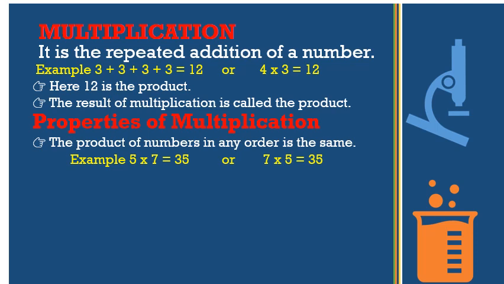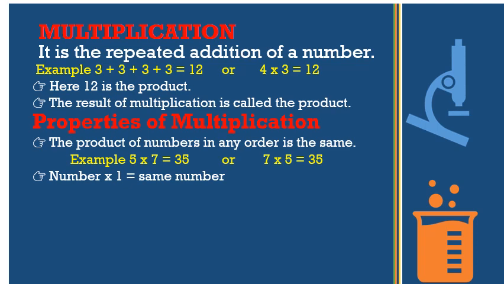So children, in the first one, we are writing 5 first and 7 later. And in the second one, we are writing 7 first and 5 later. So we are changing the order of these two numbers. But still, the product always remains the same. If the numbers are the same, then if you are writing them in any order, it doesn't make any difference. Your product will come the same. So whether I write 5 multiplied by 7 or 7 multiplied by 5, your product will always remain 35.